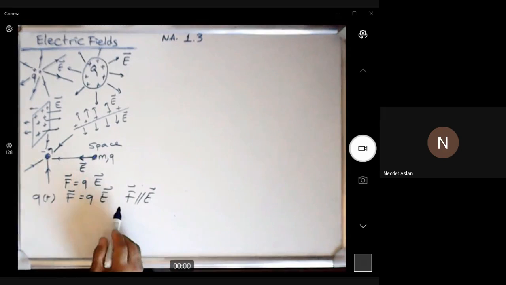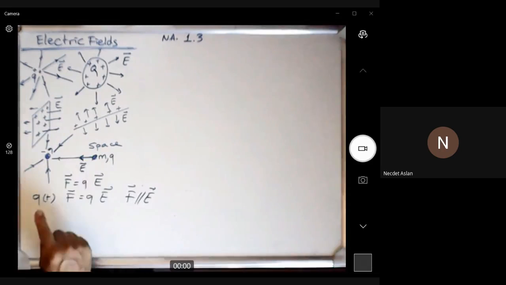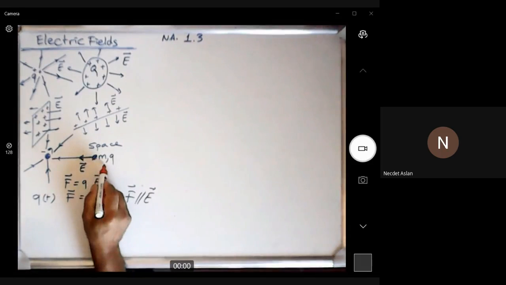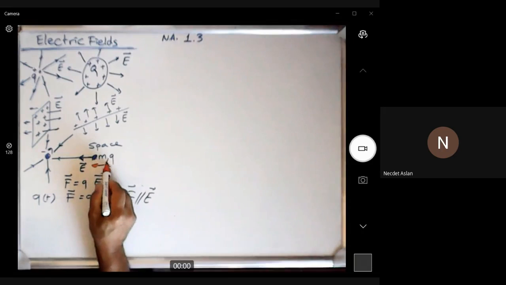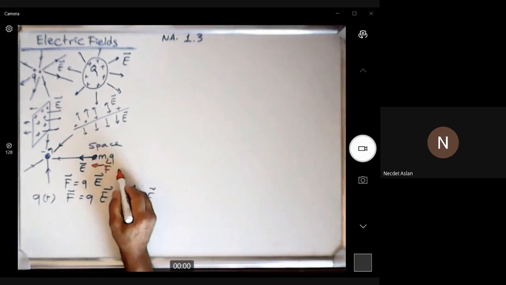So the force will be in the same direction as the electric field. Since the electric field is to the left, the force in this case will also be to the left. So the force vector will also be to the left for positive charges.